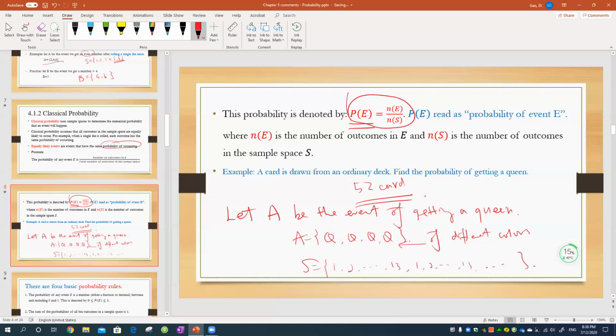So we have 4 of those 13 numbers from ace to king, in different colors. So now we can just use this classical probability equation to calculate the probability of event A. So probability of A equals 4, because the count of event A, the possible outcomes, is 4. And then for the sample space, we have 52. So that's how we use these equations.